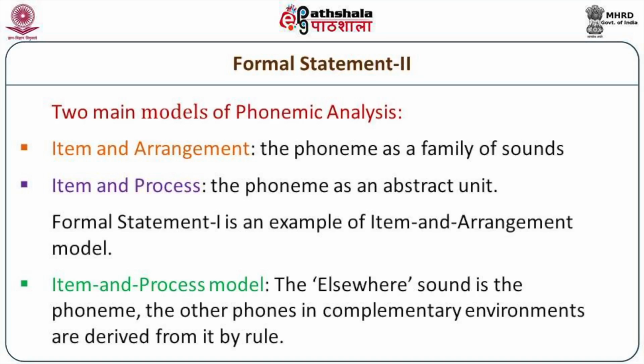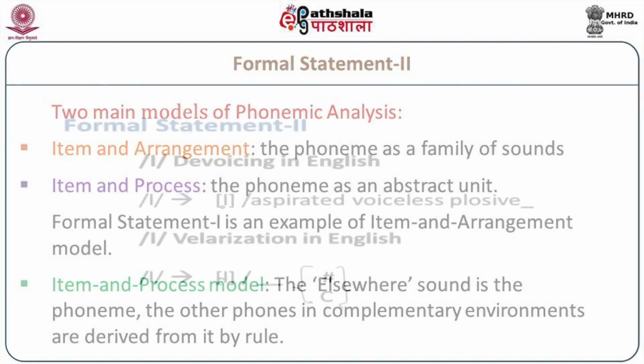The phoneme as a family of sounds: the method of analysis is item and arrangement. The phoneme as an abstract unit with concrete realizations: the method is item and process. Item and process is the second kind of formal statement that we'll take a look at.